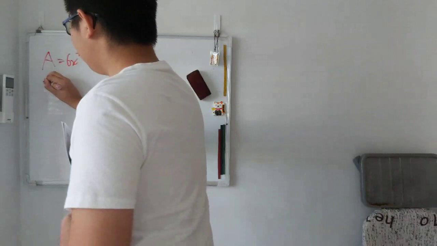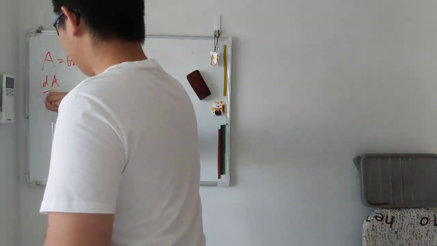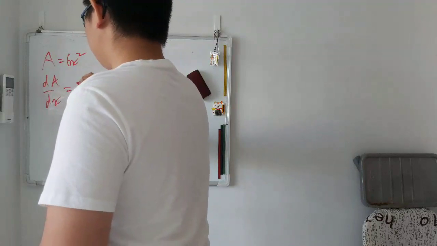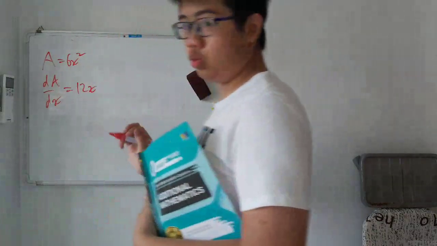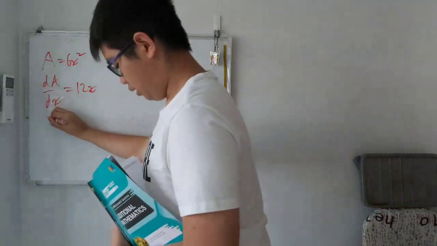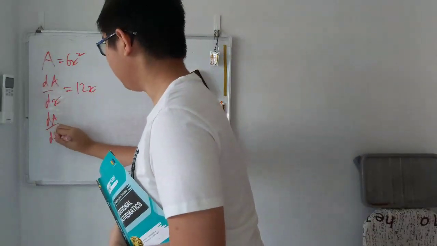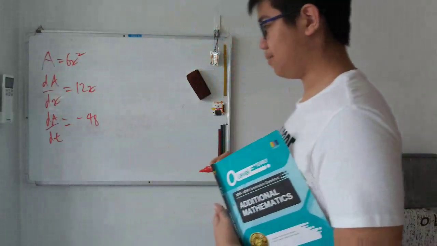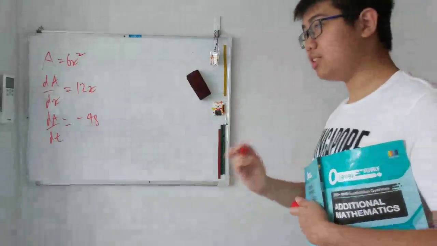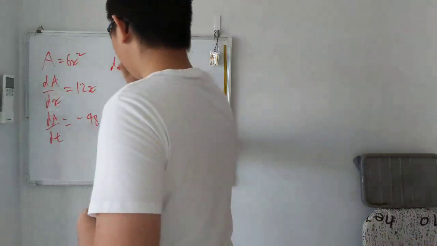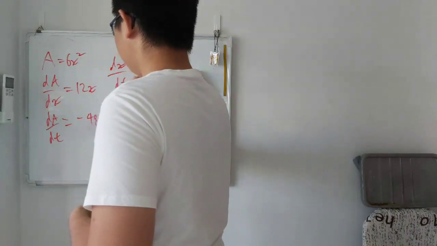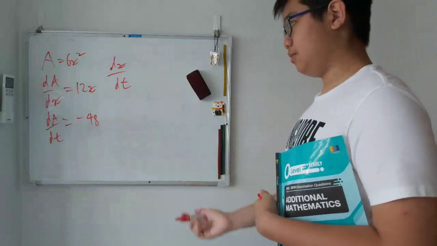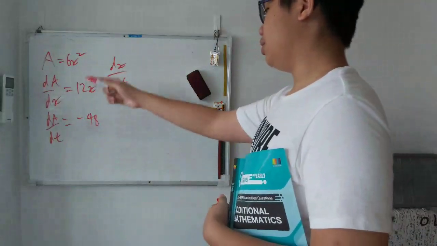Okay, so we know from the question dA/dx, no sorry, we don't know but we can figure it out ourselves. This is just 12x. What we do know from the question is dA/dt is minus 48. What do we want? We want dx/dt. So dx/dt is equal to dA/dt divided by dA/dx, because we want to cancel out the dA's.